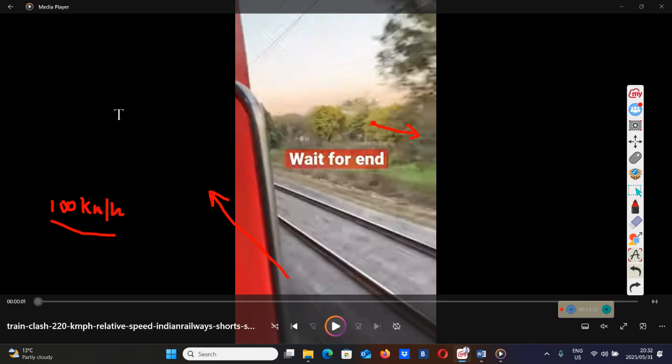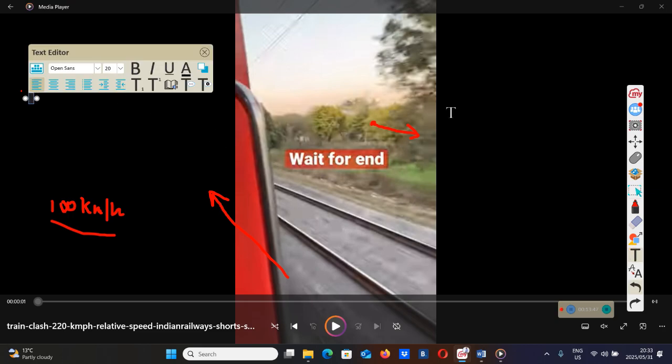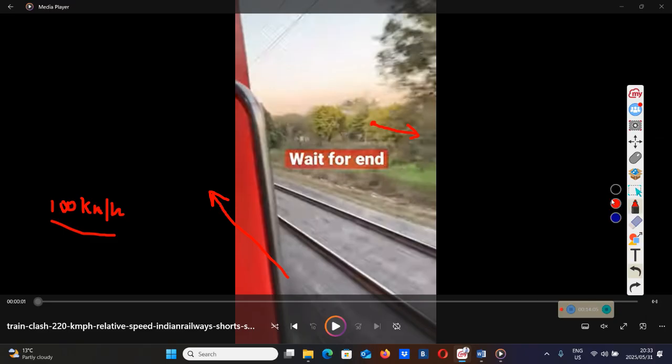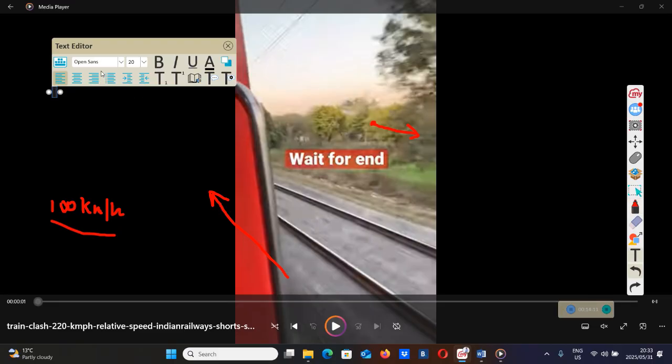Let me just write it. For now we're dealing with different directions.